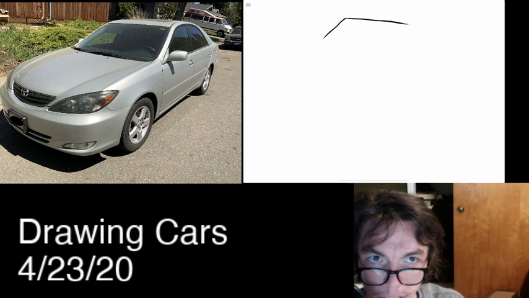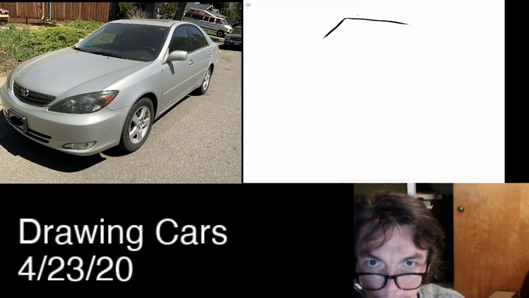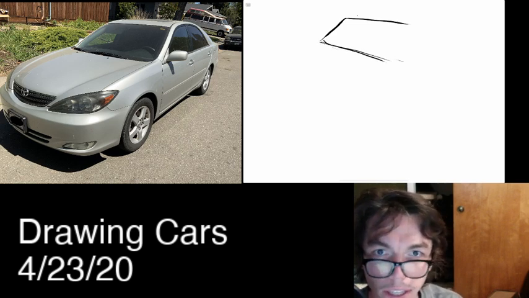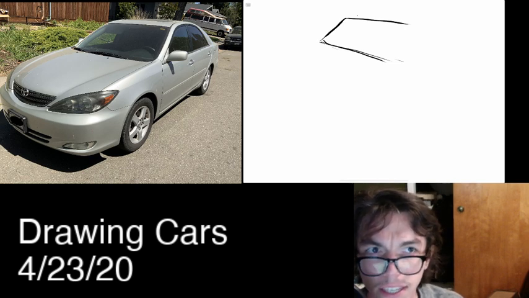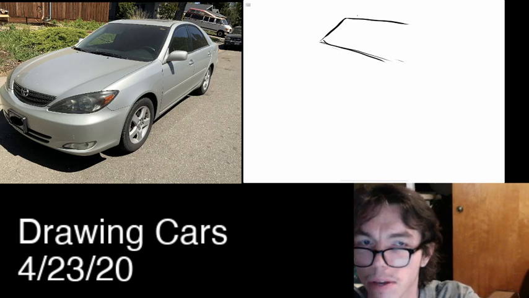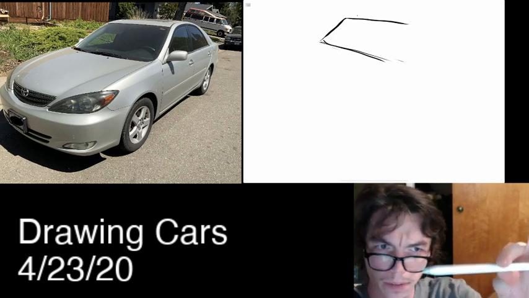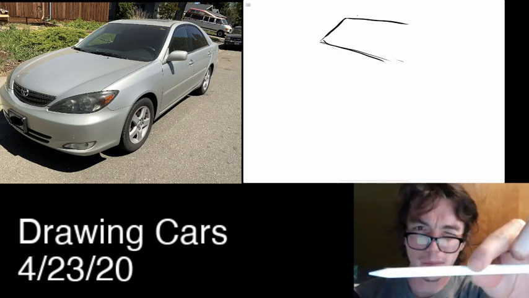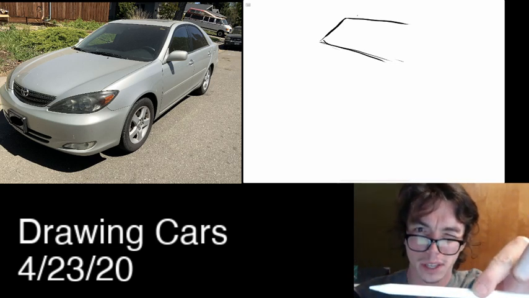There we go. Going down. And then I'm going to come back this way. Now, noticing the bottom part of the windshield, does it angle more or less or the same than the top? Sometimes I'll hold my pencil up like this and close one eye and measure the angle of one and then move it to the other.